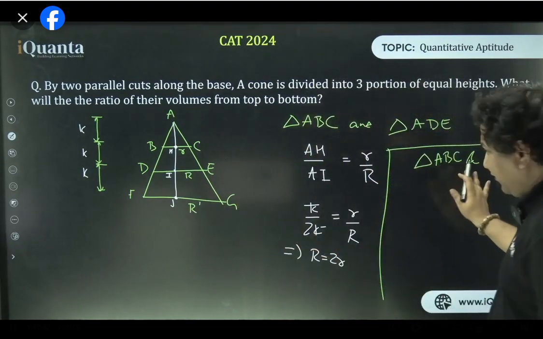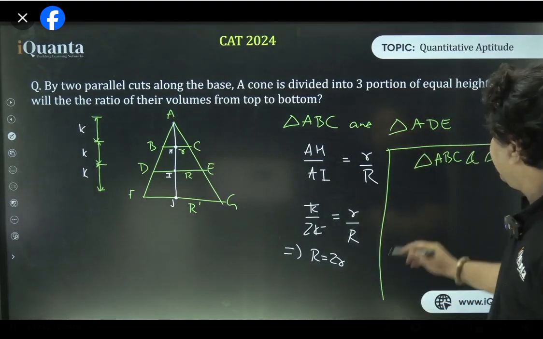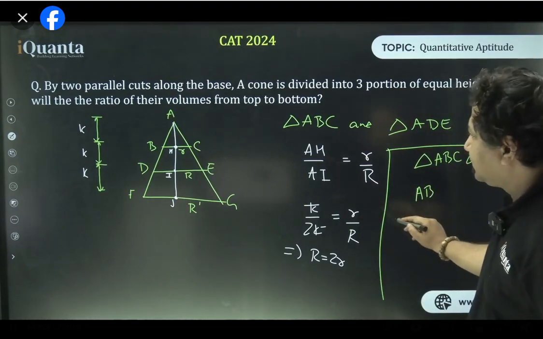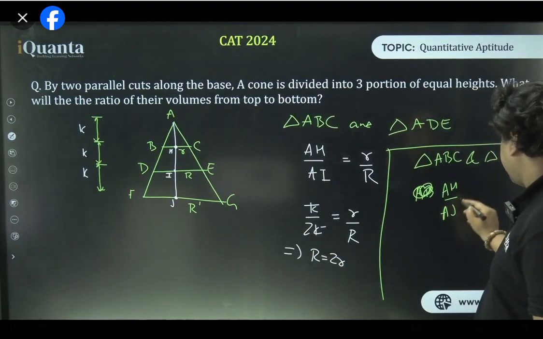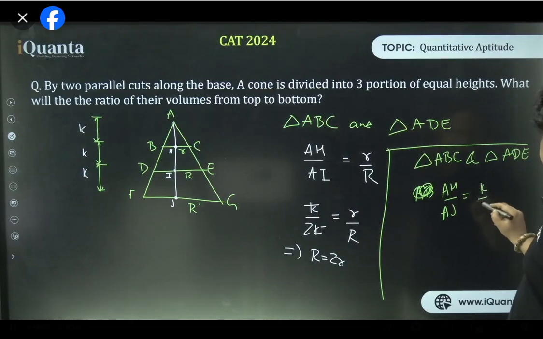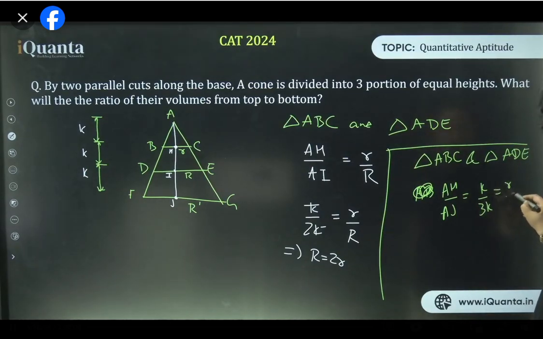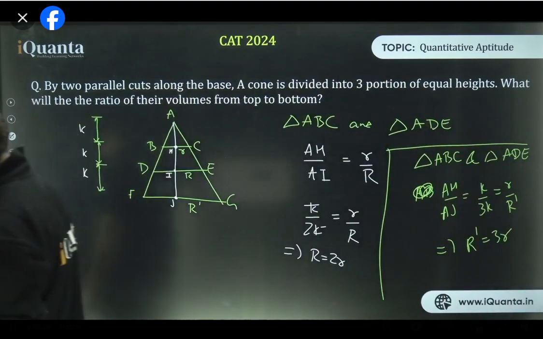But if we do it the way we were doing it in standard 8th, with triangle ABC and triangle ADE, here I can say AH upon AJ is equal to this K upon this whole K plus K plus K, that is 3K. This must be equal to small r upon capital R dash. So K and K get cancelled, all we have is R dash is 3 times small r. We can say that, right?